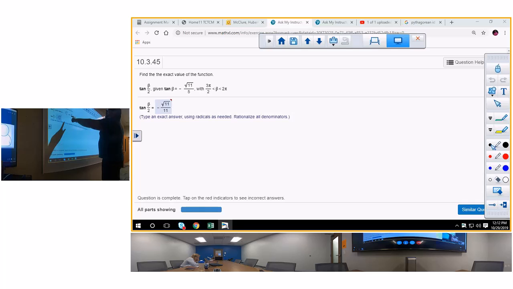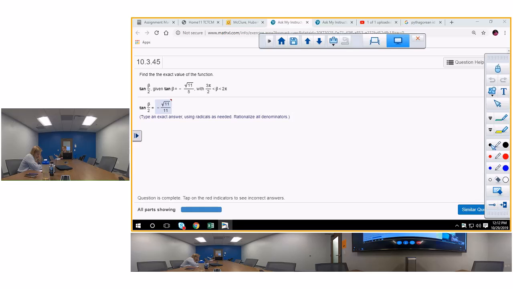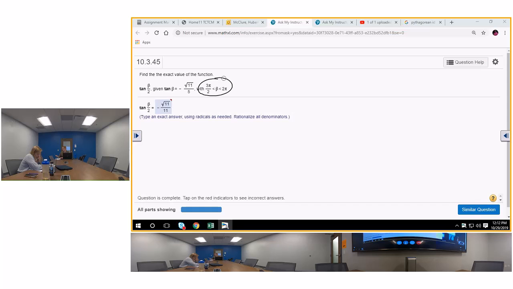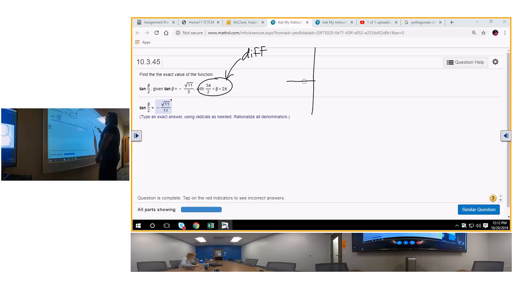What I've got written on my paper here is negative 11, square root of 11 over 5. Yeah, but this was different. This is different. I agree. This is quadrant what? That's 3 pi over 2. This is quadrant 4, between 3 pi over 2 and 2 pi. So the tangent of beta is in the 4th quadrant.